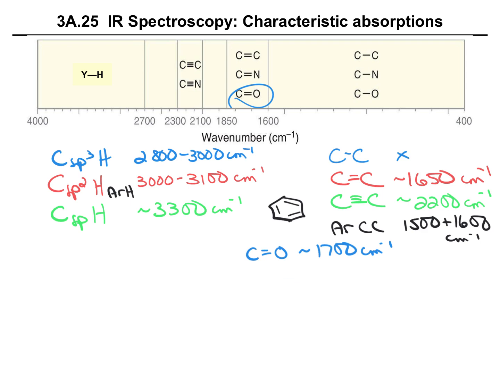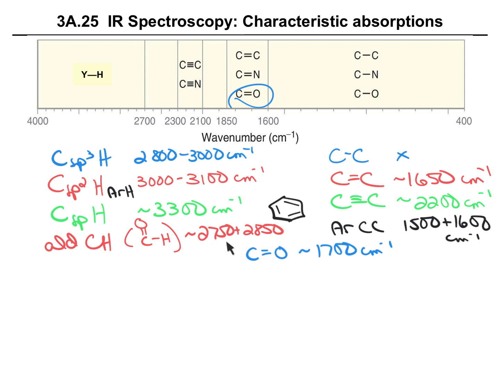So speaking of carbonyl containing compounds, one important one is an aldehyde. And when we have an aldehyde CH, so what I'm talking about is the carbonyl CH, this tends to have two peaks at about 2750 and 2850. Now, this carbon is sp2 hybridized, but it doesn't absorb the same as alkenes or aromatics.